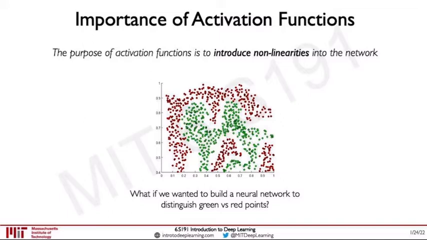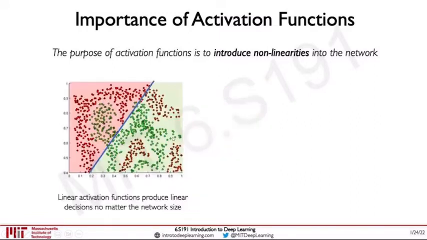Let's say the problem at hand is that we want to build a network that can make a distinction between green and red points. As you can see, the green and red points are scattered all over. Some of you may be wondering why we need an activation function that induces non-linearity. As you can see right here, if you make an attempt to use a straight line, it's going to look this way. Take a look at that.